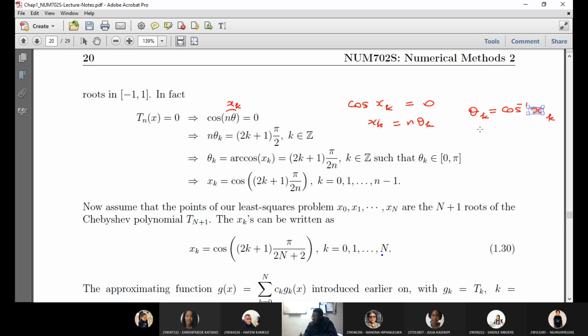So if I solve from here, I apply cosine on both sides, then I'll have cosine of x sub k. I apply cosine on both sides. This will give us x sub k.